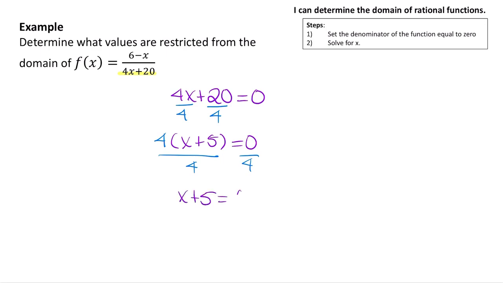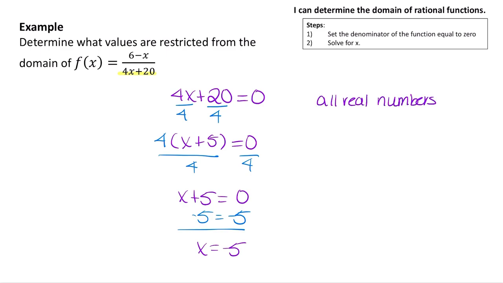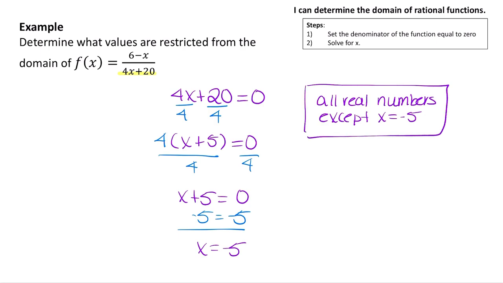Then I'm going to subtract 5 from both sides, and I get x equals -5. So when I'm describing the domain of this function, I would say all real numbers, okay, except x equals -5. That's how you would describe that domain restriction.